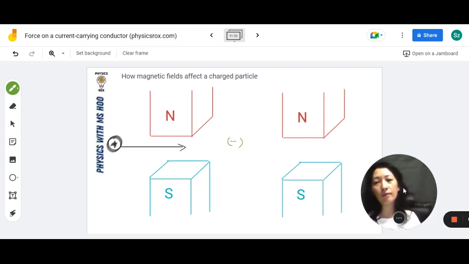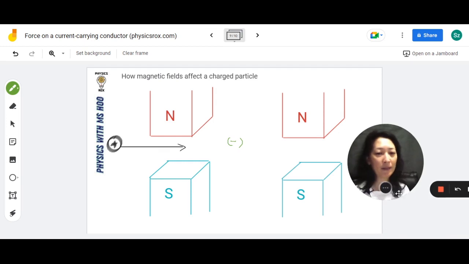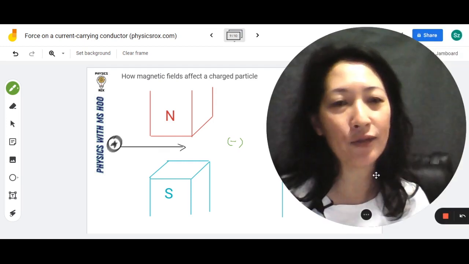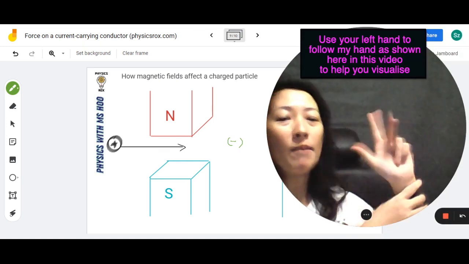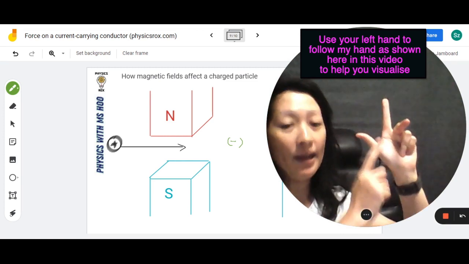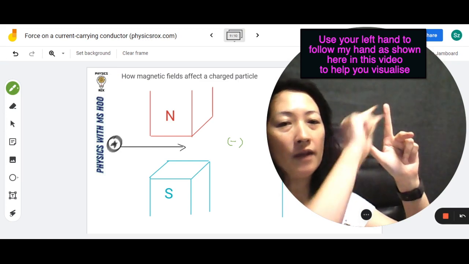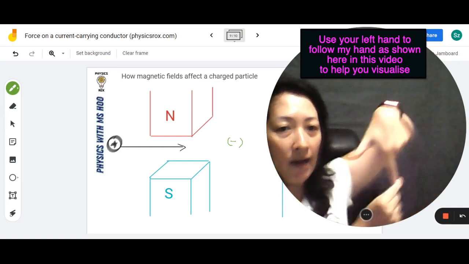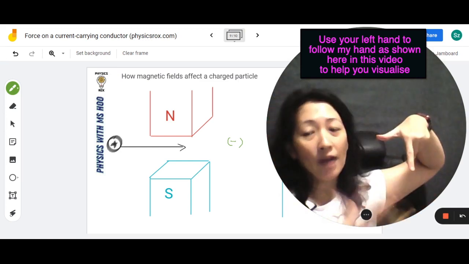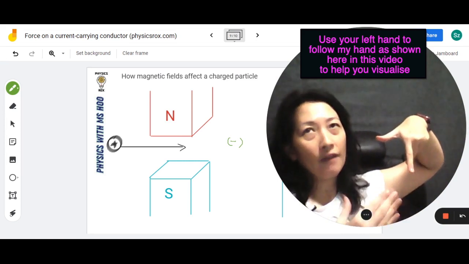So when we want to use Fleming's left-hand rule in this case, let me make my face a bit bigger again so that it's easier to follow my hand. Now remember, you can rotate the wrist, but the shape has to remain the same. So this time, the magnetic field is going north to south. Magnetic field needs to point downwards. So now, for the positively charged particle, think of it similar to current.